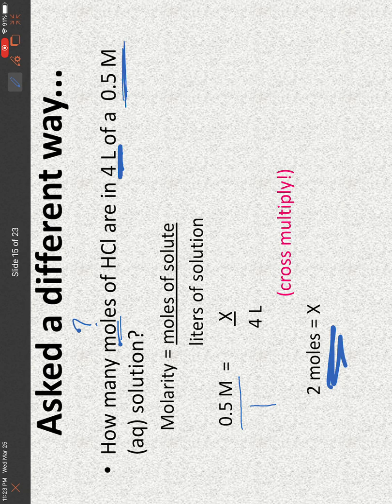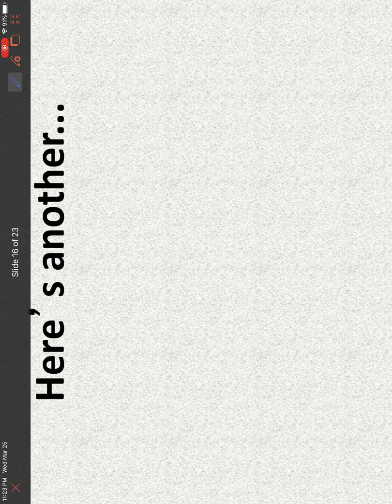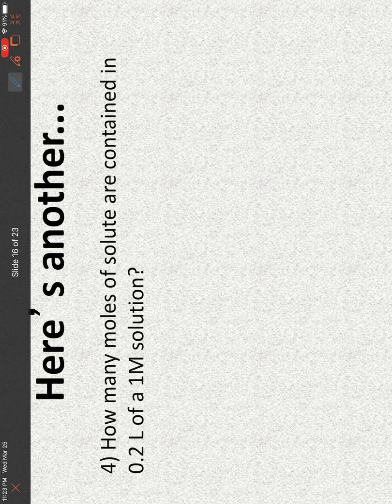And when you do that, you end up with X being 2 moles. So how many moles are there? 2 moles. Okay? So again, it's the same formula, and they're giving you 2 of the 3 variables. You just need to solve for what's missing. Okay? Again, I know you can do this. Absolutely have complete faith.